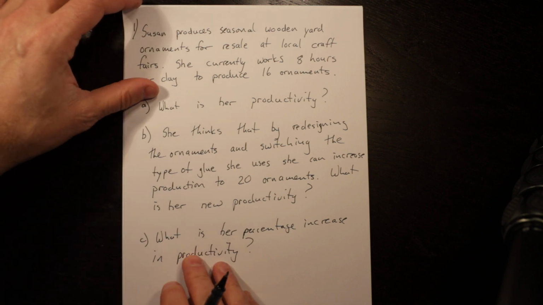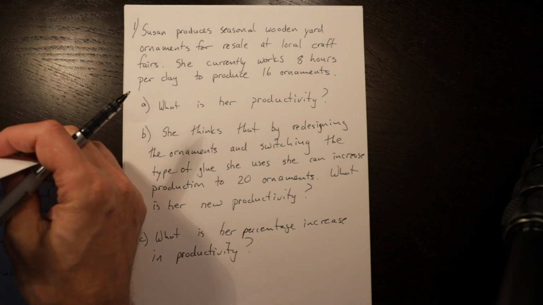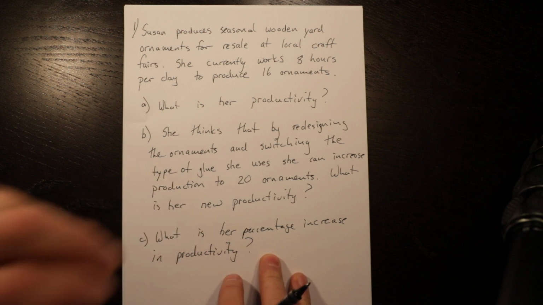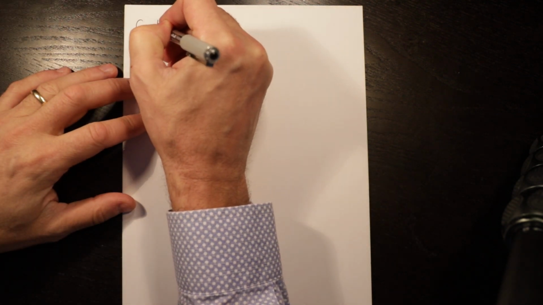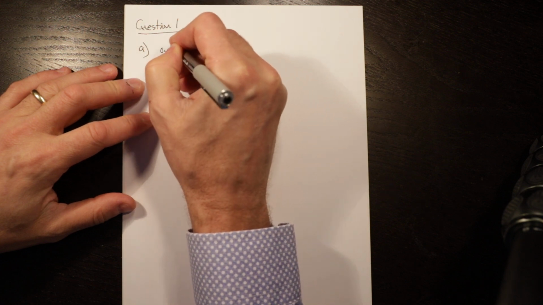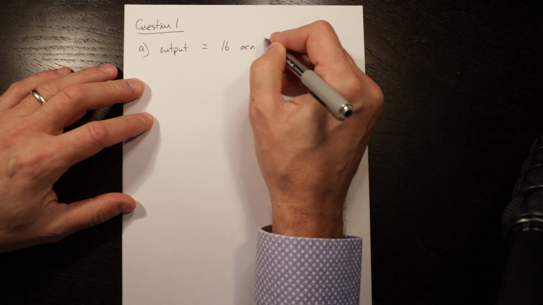So let's look at each part of that question individually here. For part A, output is equal to 16 ornaments per day.